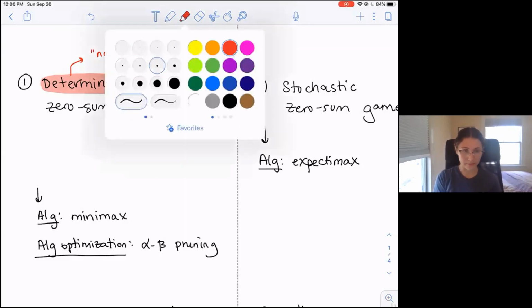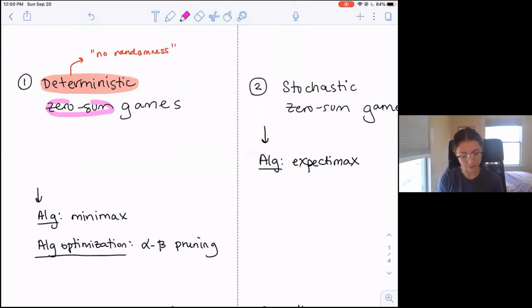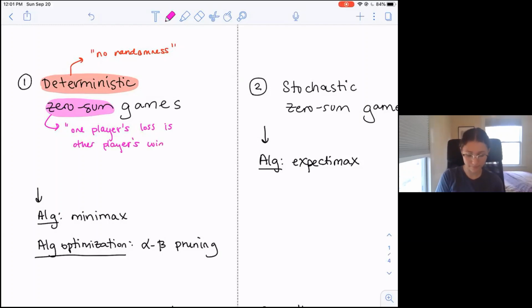The other part of this definition is a zero-sum game. As I mentioned before, the notion of a zero-sum game, informally, can be thought of as when one player's loss is the other player's win or gain.